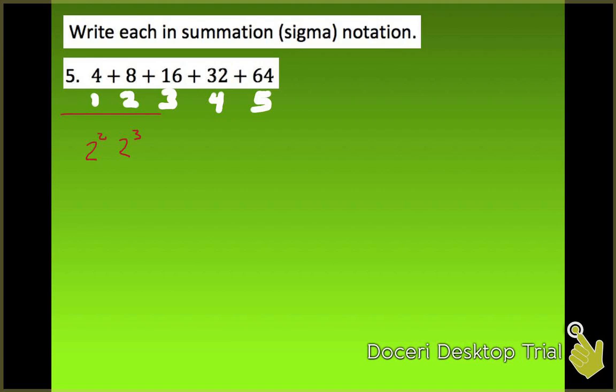So this could be your table right here, 1, 2, 3, 4, 5. We have 2 squared, 2 to the third. Guess what 2 to the fourth is? If you're smart, you know that it's 16. 2 to the fifth power is going to be 32, and 32 times 2, which is 2 to the sixth, gives us 64.